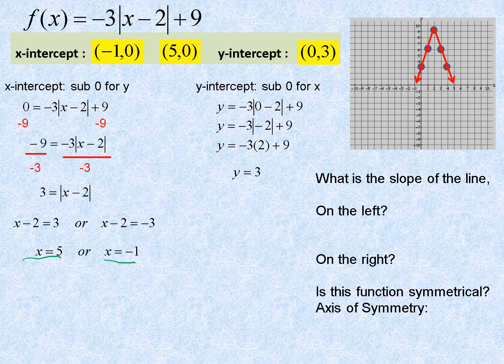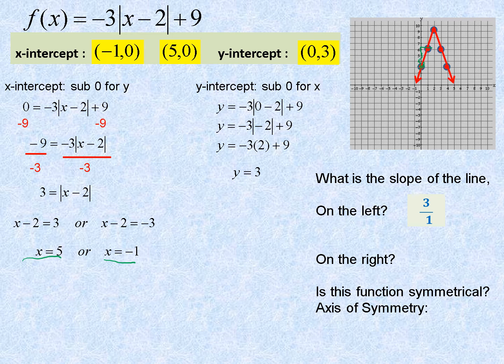Now, let's answer these questions. What is the slope of the line on the graph? So you can really pick any 2 points. On the left, I'm going to go up 1, 2, 3 over 1.